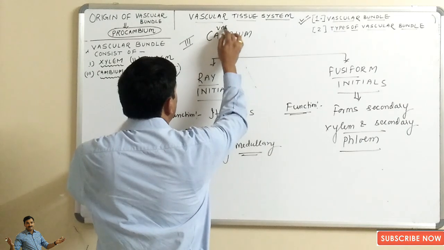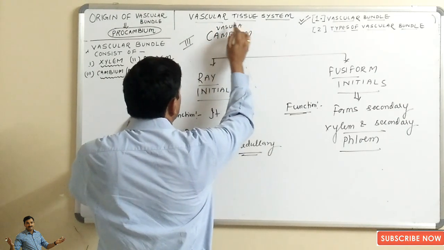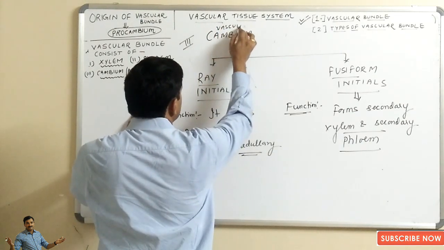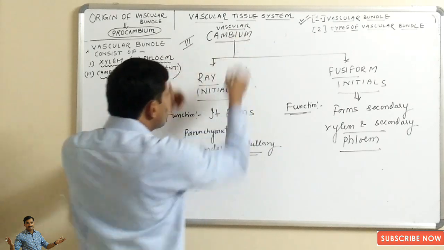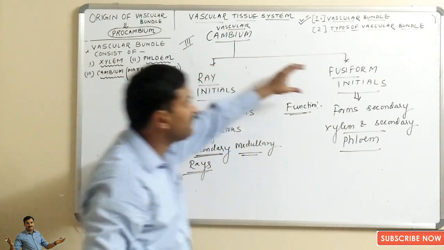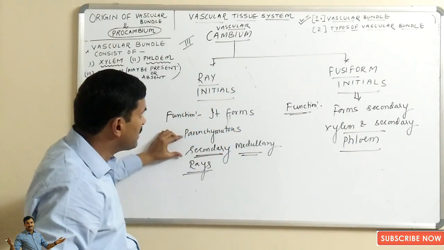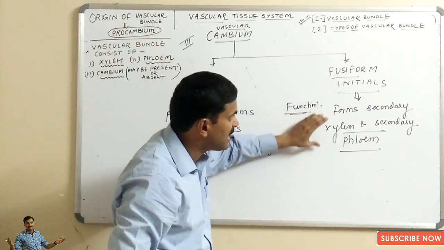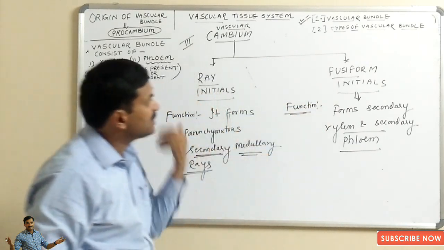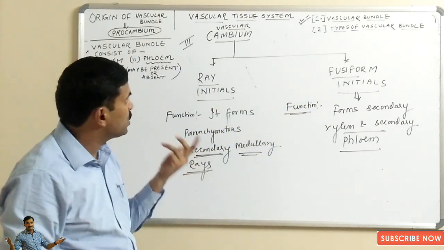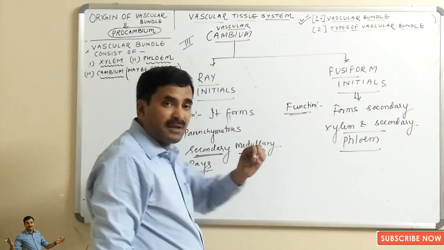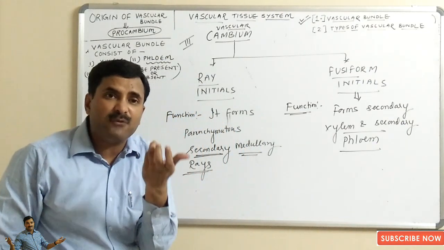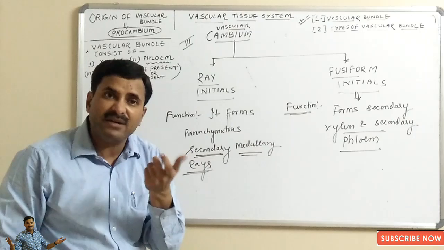In fact, we will say these two cells are of what? Vascular cambium. A vascular cambium consists of two cells, ray initial and fusiform initial. They form the secondary medullary rays, and they form the secondary xylem and the secondary phloem at the time of the secondary growth.